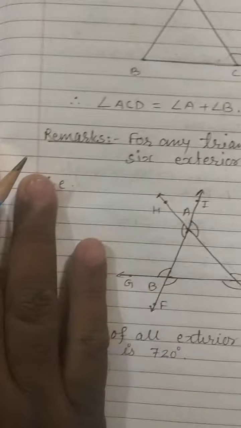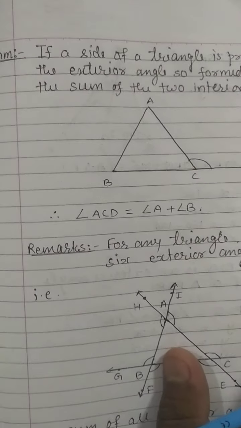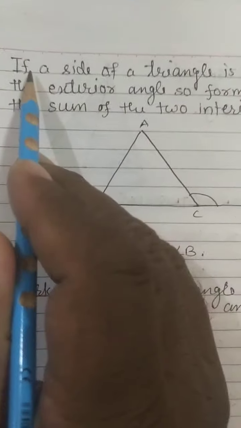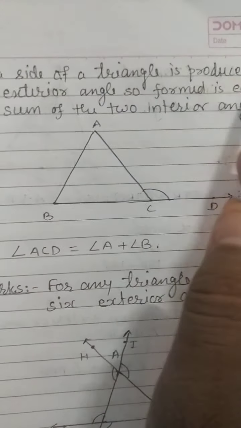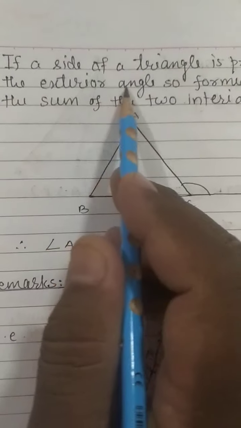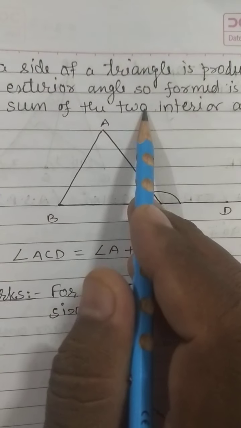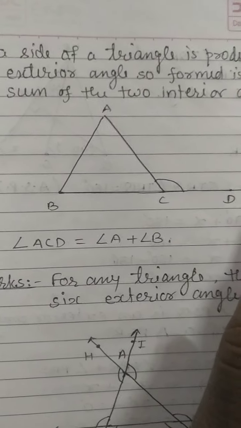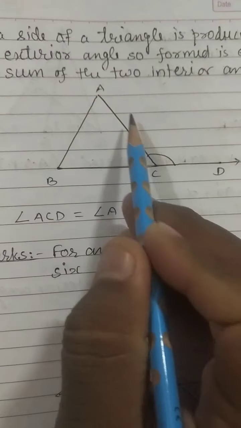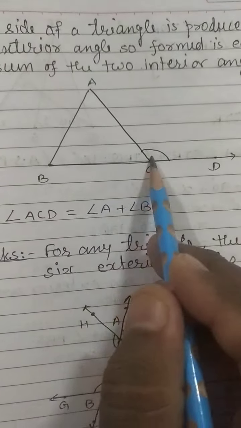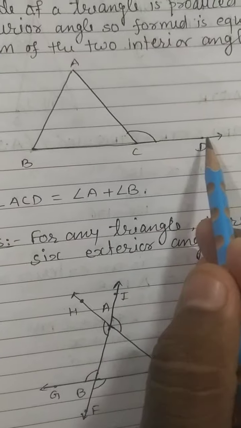Now one important result regarding exterior angle is given here. If a side of a triangle is produced, then the exterior angle so formed is equal to the sum of the two interior opposite angles. That means let this be triangle ABC and this side is produced to D here.